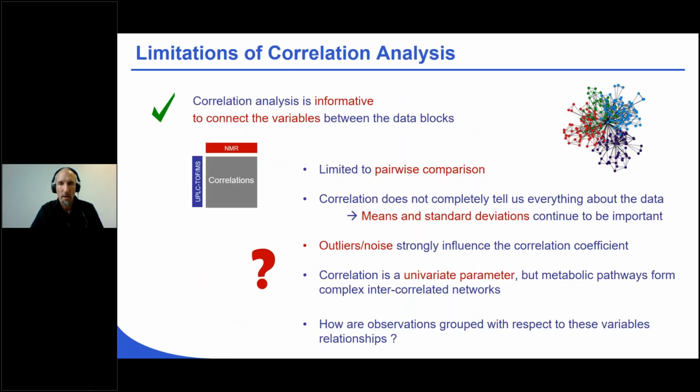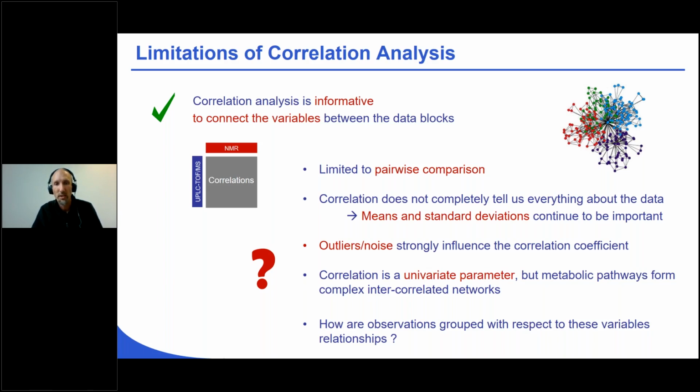But of course, this kind of approach has some limitations. It is limited first to pairwise comparisons: you can only deal with two matrices together. Then correlation is interesting because you get rid of the effects of intensity, but you completely lose this information, and it may be useful to consider that intensities can play a role in the comparison of these two kinds of signals.